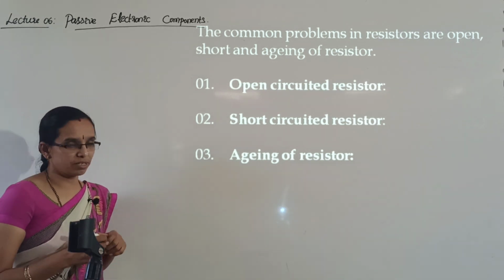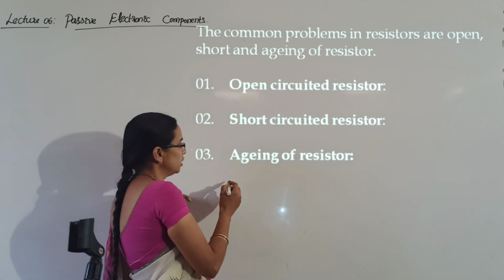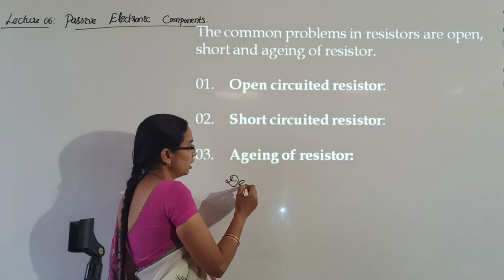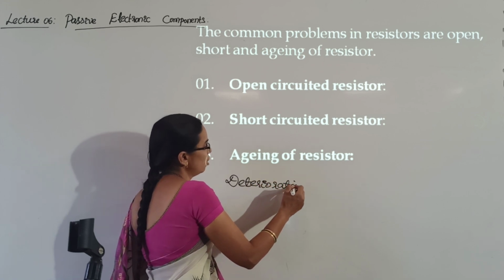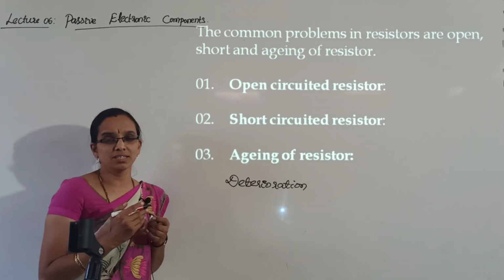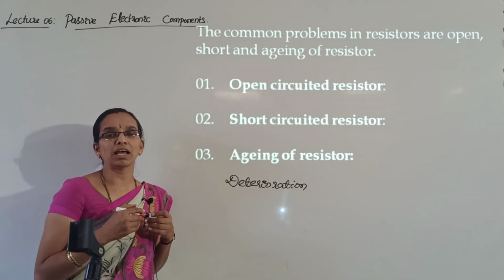Next is aging of resistors. Aging of a resistor, in the sense, is deterioration of the value of resistance. That means declining the value of resistance.